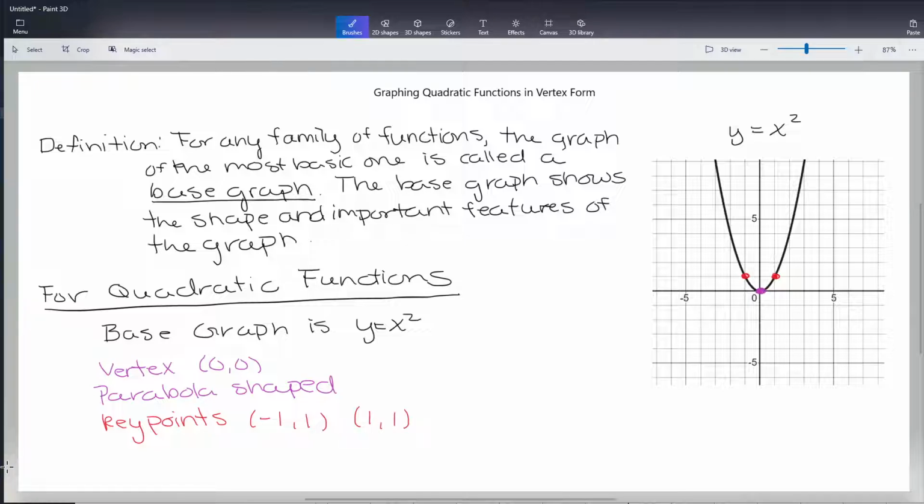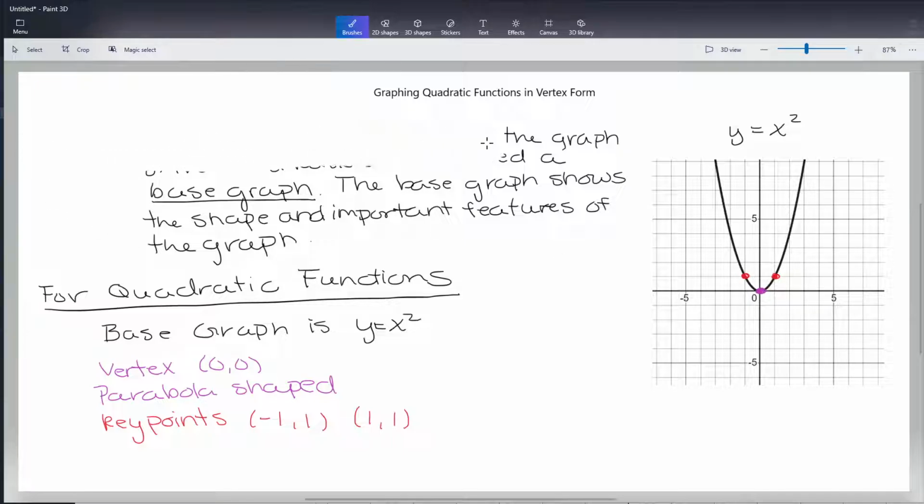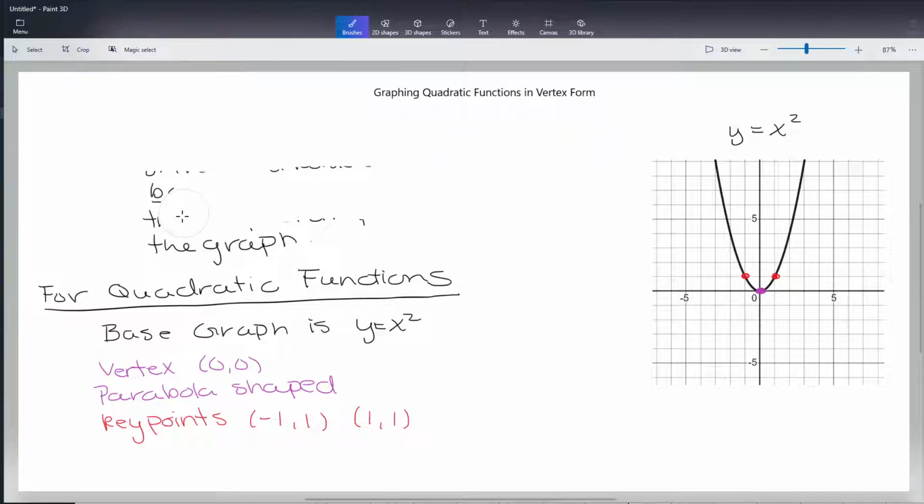And you can see them marked here on the graph. So we're going to use these to give us an idea of the width of the graph. So let's go ahead and look at the actual process for graphing using the vertex form.